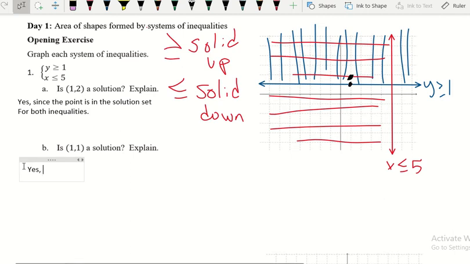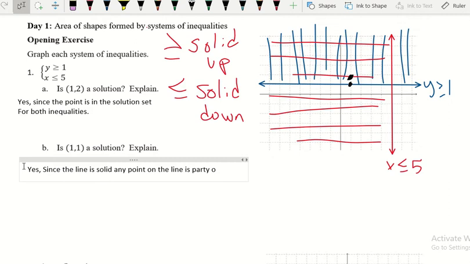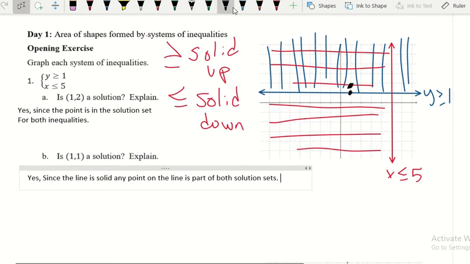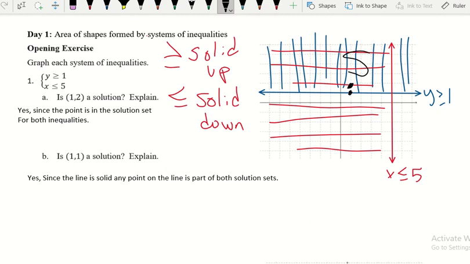Yes, since the line is solid, any point on the line is part of both solution sets. All right, so same thing. Normally though for inequalities, we also want to label an S inside here. So we would put an S there, which just stands for solution set.